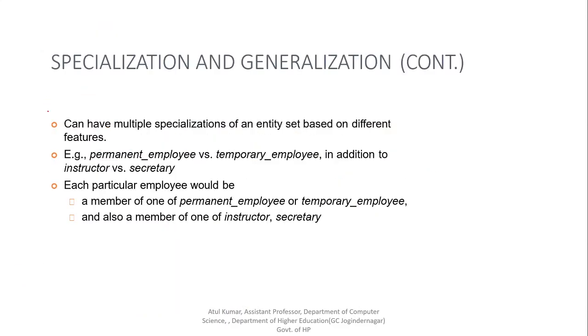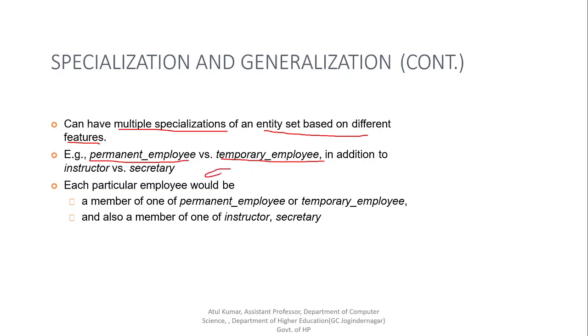So we can have multiple specializations of an entity set based on different features. For example, permanent employee versus temporary employee, in addition to instructor and secretary entity. So we can have more than one specialization.